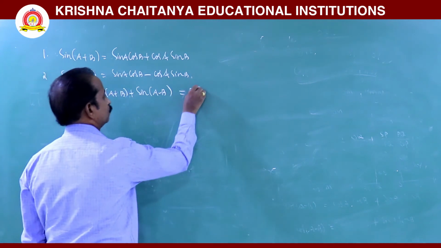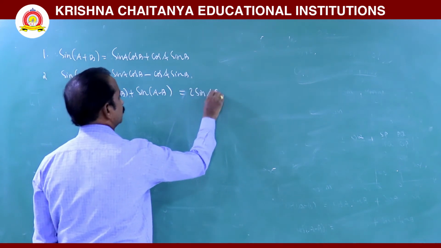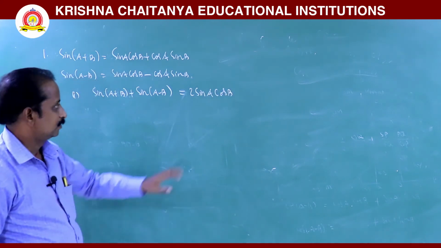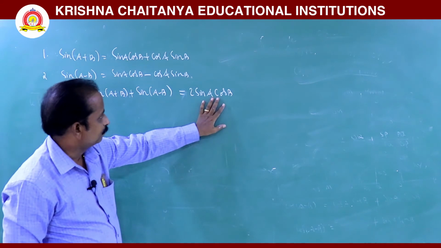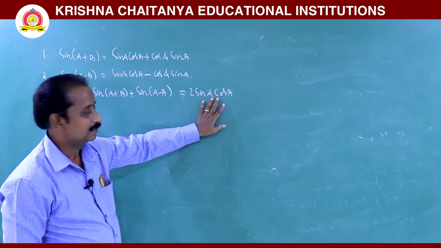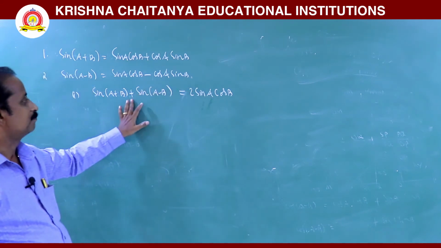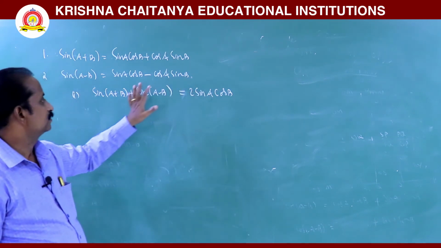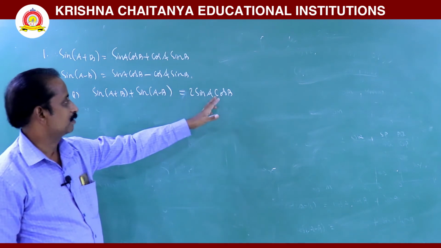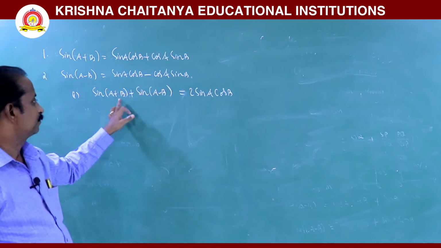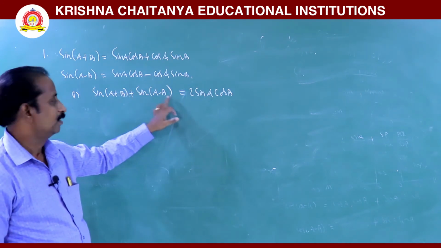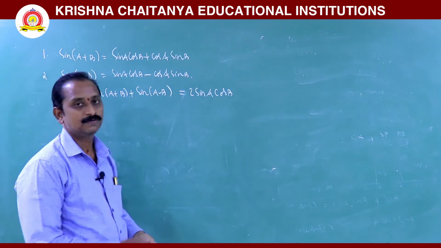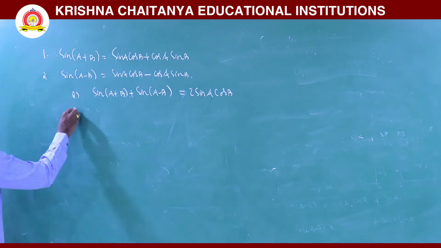It is very useful. The product of two terms of sine and cosine can be written as a sum. 2 sin a cos b is equal to sin a plus b plus sin a minus b. Otherwise, sin a plus b plus sin a minus b is equal to 2 sin a cos b.